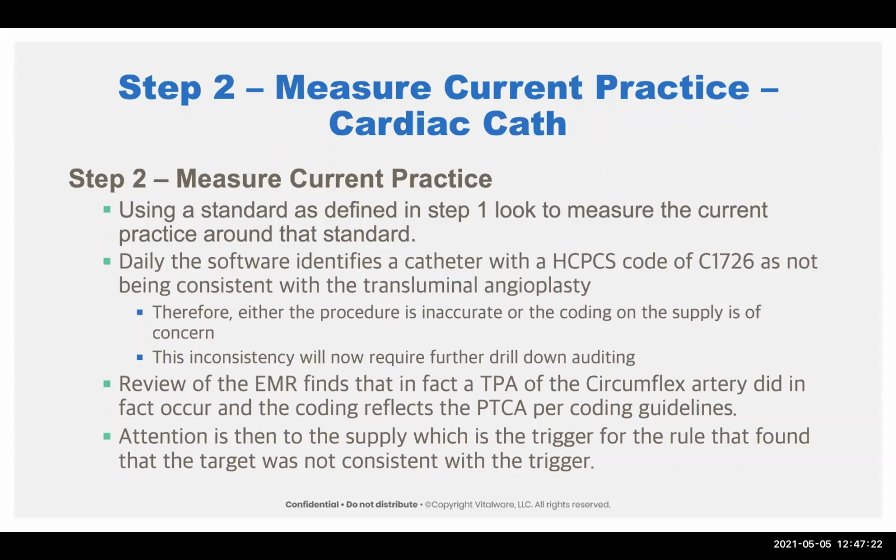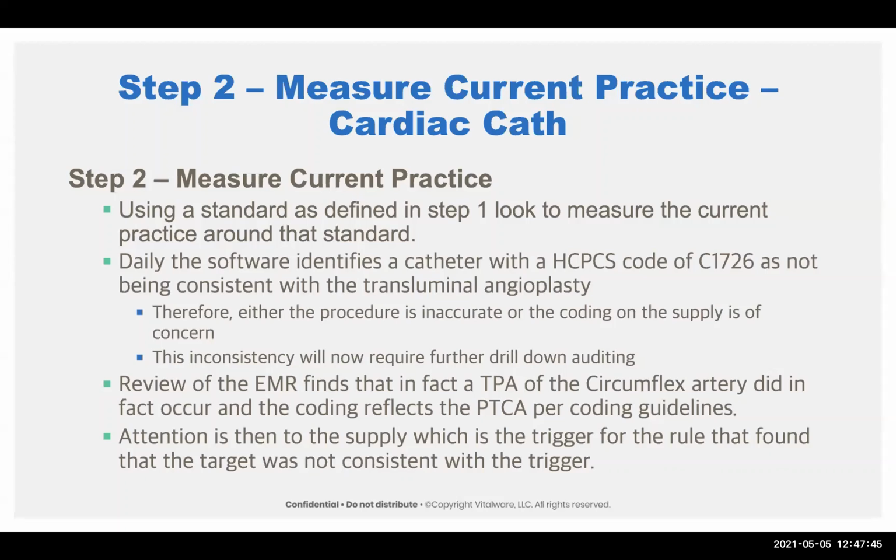Once I drill down, the EMR finds that in fact PTCA of the circumflex artery did in fact occur. Coding reflects PTCA per coding guidelines. Okay, so that's the right code for the procedure. So I only have two choices here. The procedure's wrong or the code for the supply is wrong.